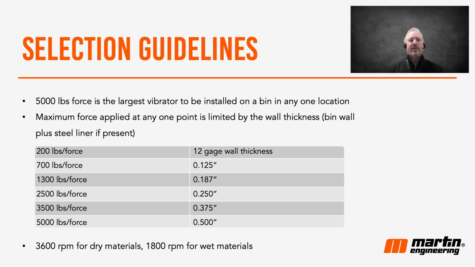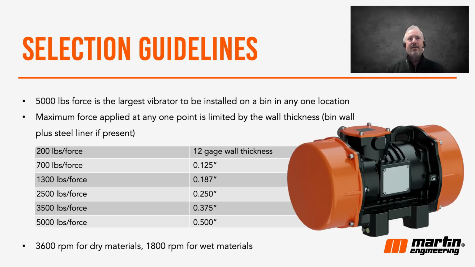And we would use 3,600 RPM vibrators for drier materials and 1,800 RPM vibrators for a slower speed, higher amplitude force. Given what we just talked about, we didn't really talk about what the material was, its moisture content, but in this case, we determined we needed 1,462 force pounds.